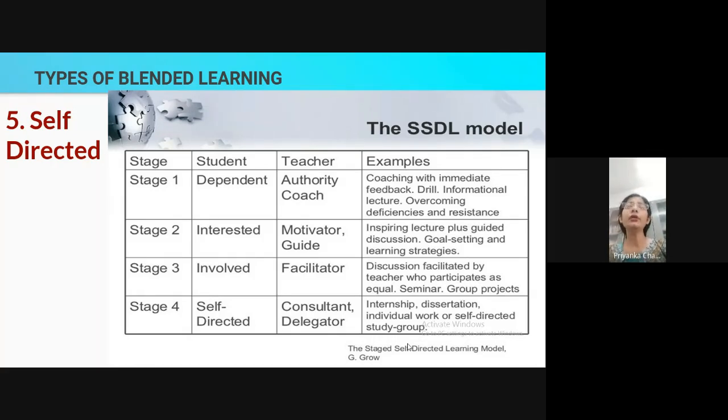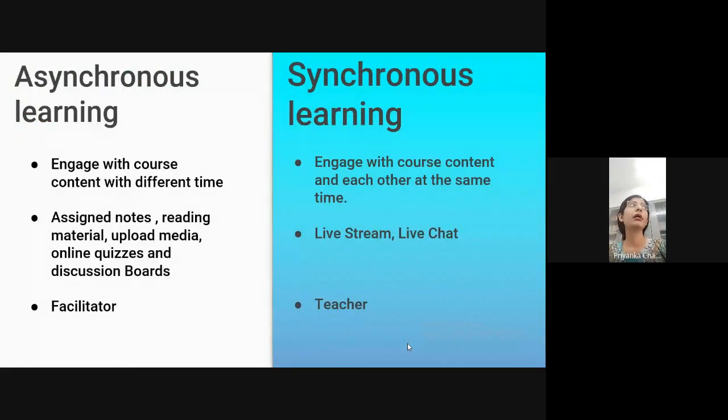Then it includes next synchronous and asynchronous learning. Synchronous means, do you have any idea of this synchronous and asynchronous learning? Anybody?